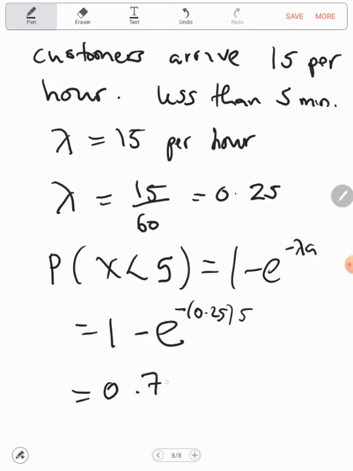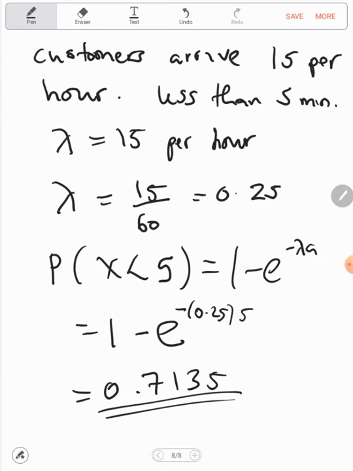Your answer is supposed to be 0.7135. Okay, so this is how we find probabilities using the exponential distribution, also known as the waiting line distribution. You'll be dealing with much of this when you do operations research, or when you'll be talking about waiting line theory.